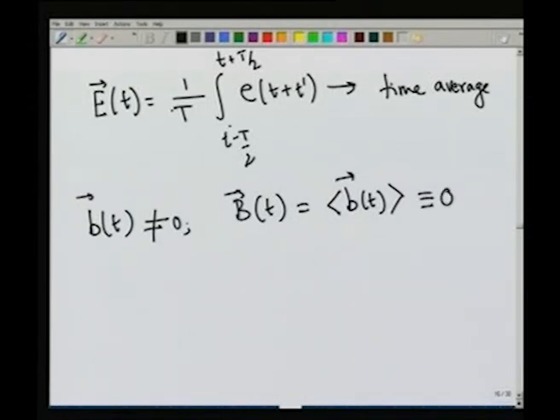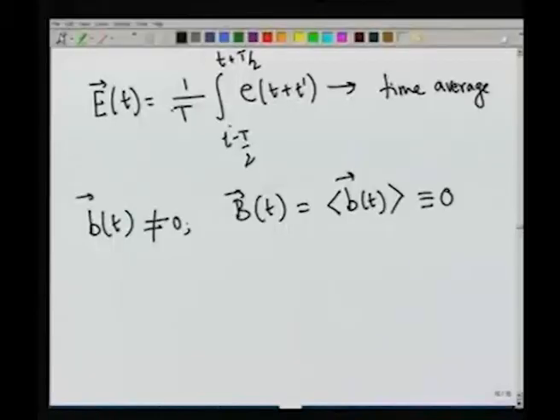Therefore, in studying the electrostatics of the macroscopic fields, we may safely ignore the magnetic field produced by the moving electrons. If I consider a small physical volume, then roughly equal numbers of electrons will be moving in clockwise and anti-clockwise directions, and therefore the macroscopic field vanishes both in the time average and in the space average. Therefore, we can forget all about this and say that B is identically equal to 0.